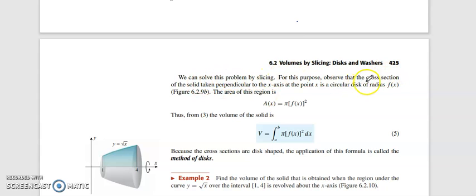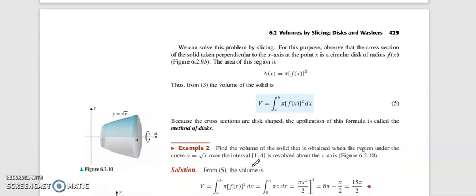We can observe that the cross section perpendicular to the x-axis is a circular disk which has radius f of x. Since it is a circular disk, the area will be given by pi f of x whole square. Now by using volume by slicing, the volume will be the integral from a to b of pi f of x whole square dx. Since the cross sections are disk shaped, we call it the method of disk.